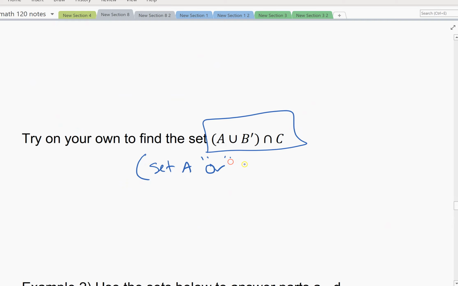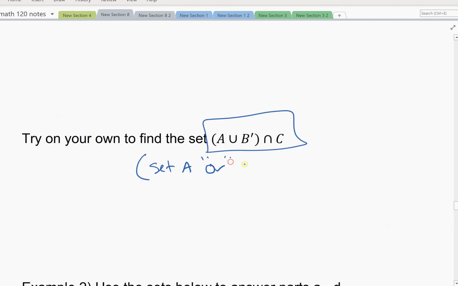This first little part is from set C, and then that symbol's "and," and then my grouping symbols, and I've got this prime outside, so I'm going to write the word "not" outside my group, not from the group set A or set B. So there's in words what those symbols mean. I want anything from set C and not from the group set A or set B.